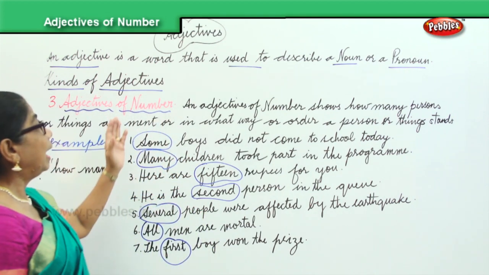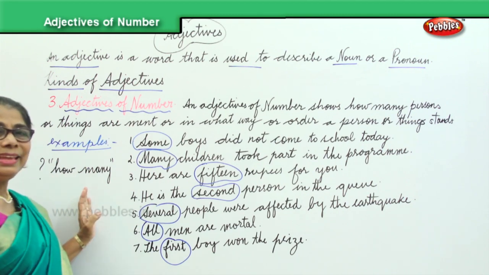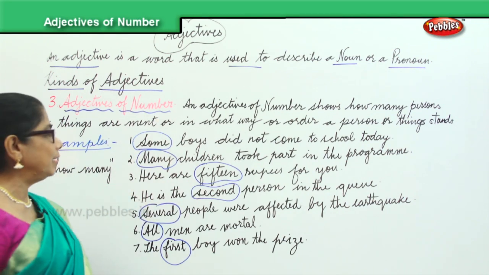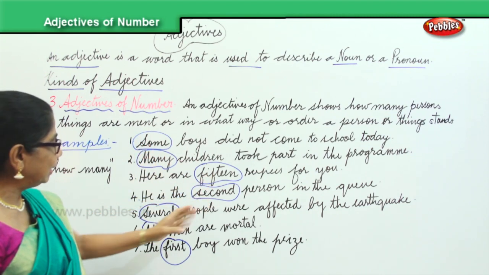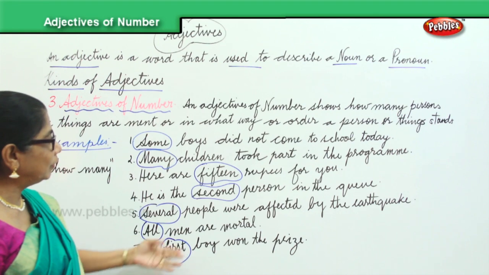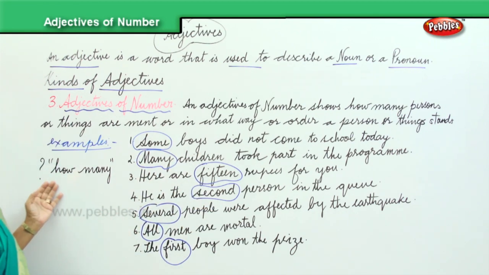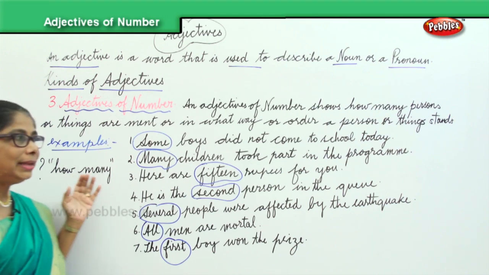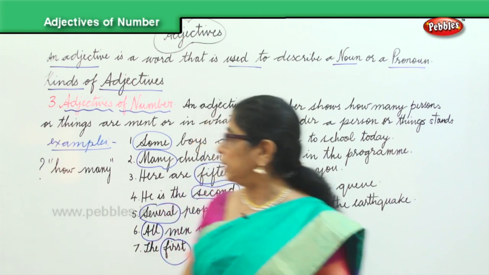Now, adjective of number, if answers the question how many, then we know that is an adjective of number. Some, many, 15, second, several, all, first. All these words tell us, and they answer the question how many. So we know these are adjectives of number.